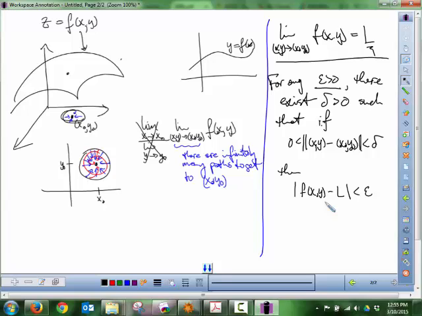And now, just to retranslate this to how the book defines it, the book takes this quantity here and really just finds the magnitude of the difference. So you subtract those 2 points, you get a vector, you find the magnitude of the vector, and that's how they came up with the square root of (x minus x naught) squared plus (y minus y naught) squared.